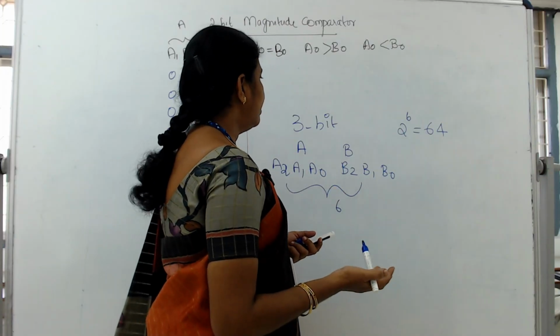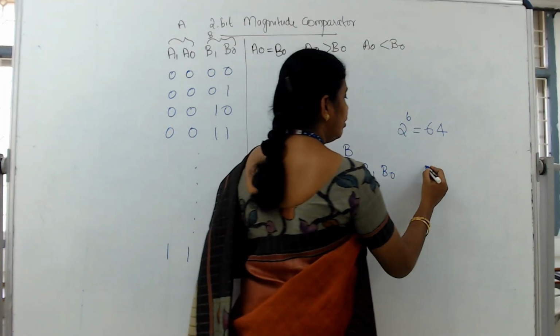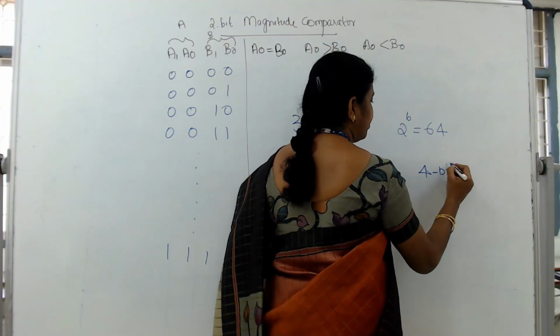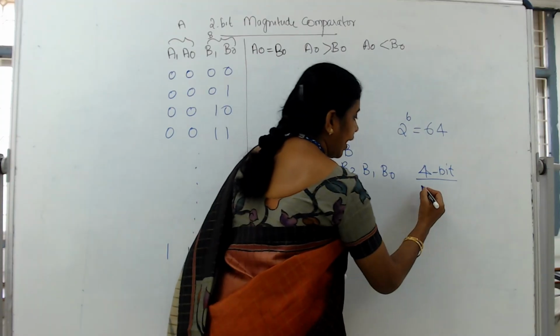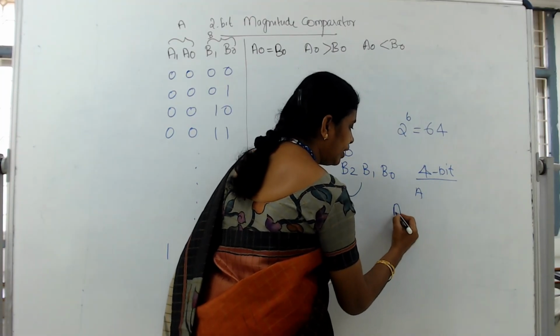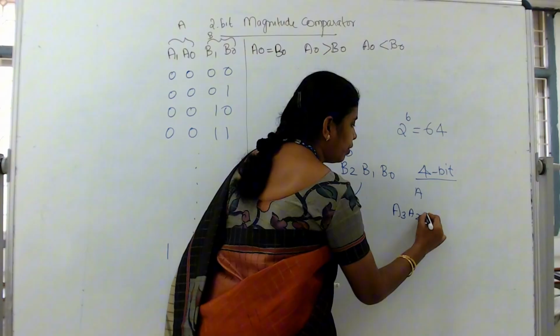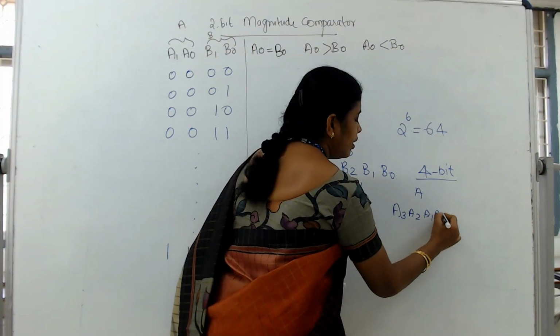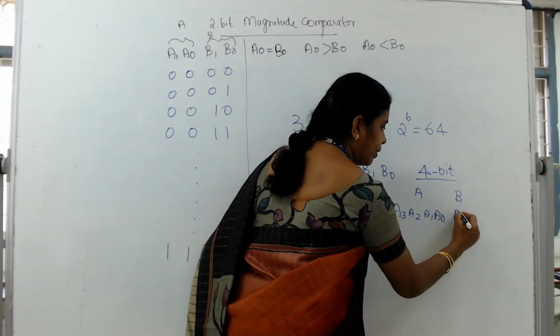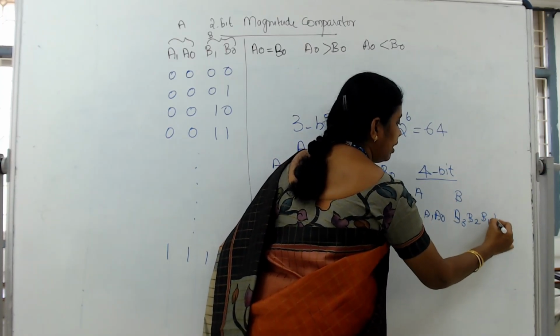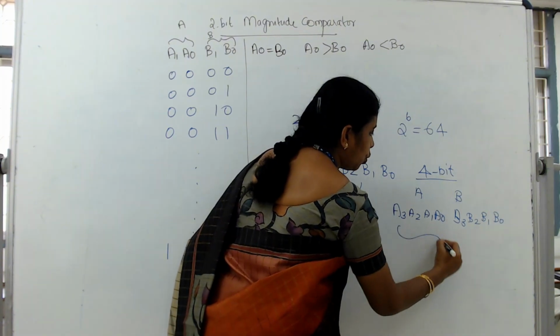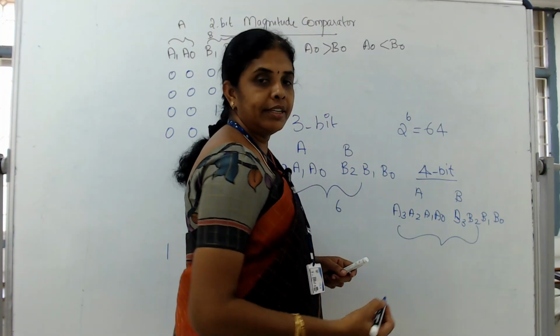For example, if I want to design a 4-bit magnitude comparator, in this case A is 4-bit: A3, A2, A1, A0. Similarly, B is also 4-bit: B3, B2, B1 and B0. So the total number of inputs is 8.